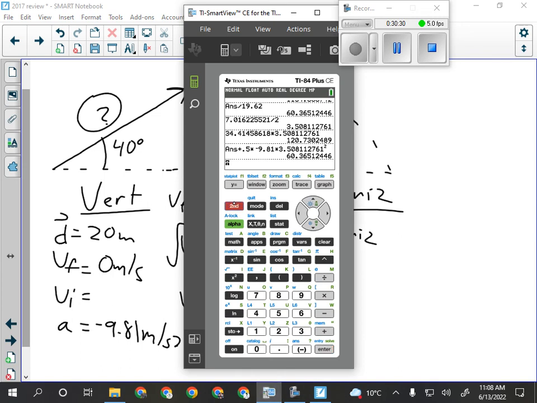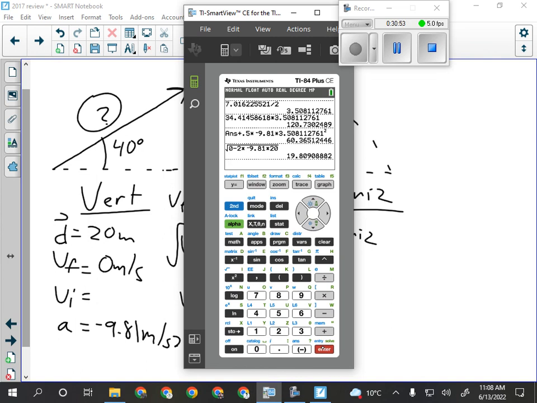The reason I put in the 0 there is because I put in a negative here, and if I don't, I'll get a negative number under the root, and my calculator will have a conniption because you can't take the square root of a negative number.